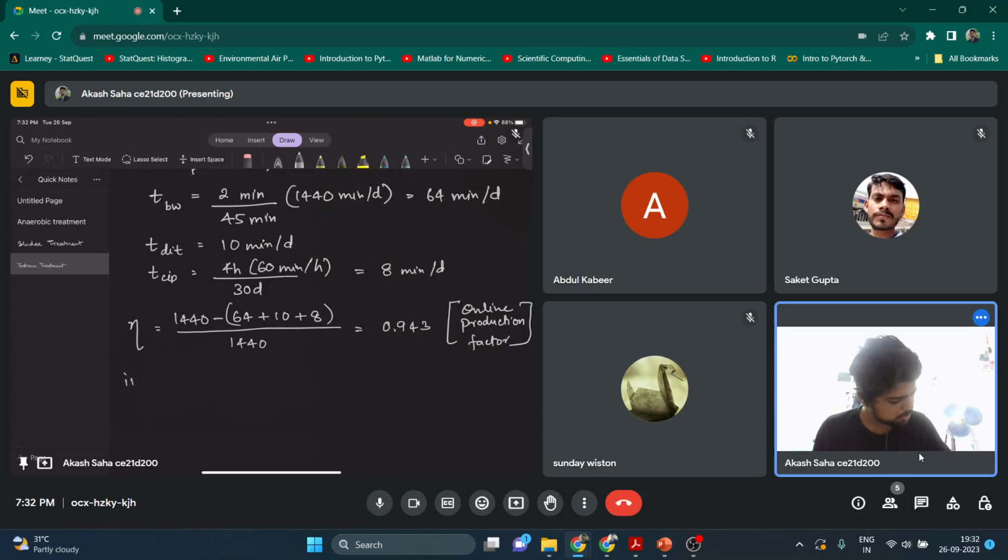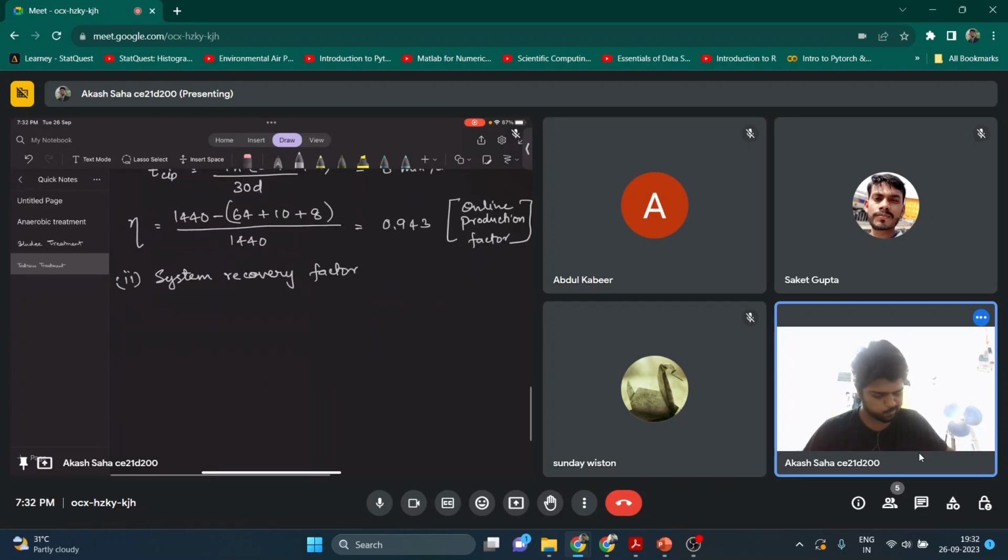So now I will find the second question, the system recovery factor. System recovery factor means how much of my flow is actually coming out.